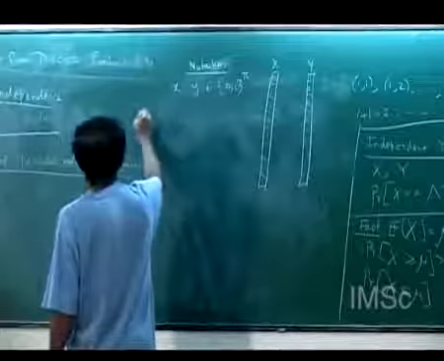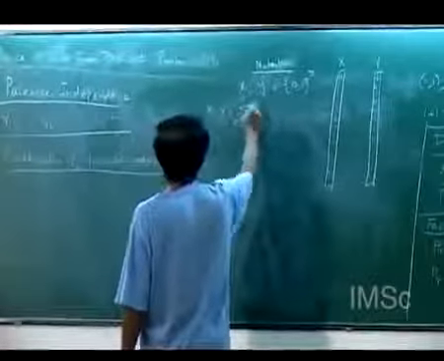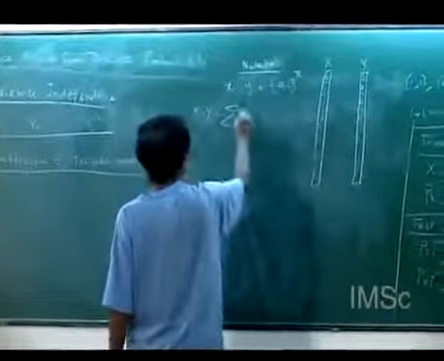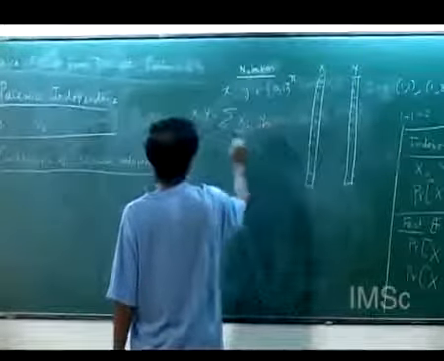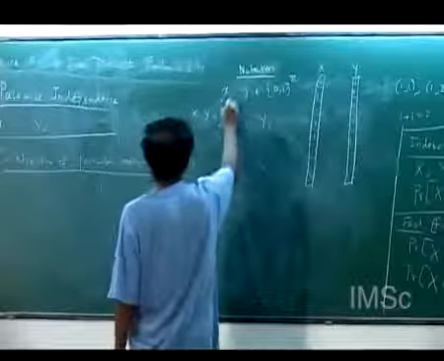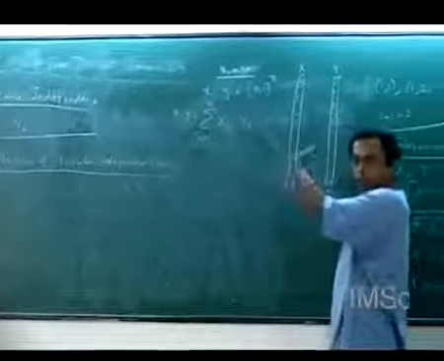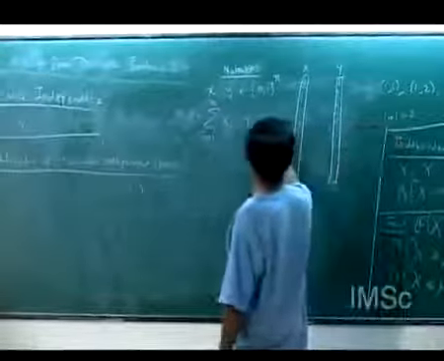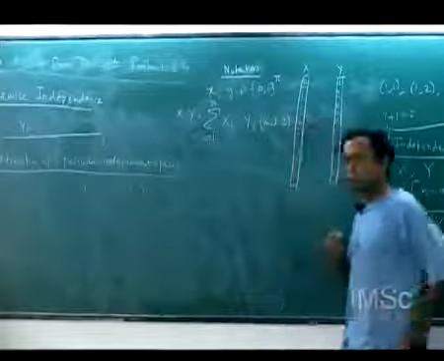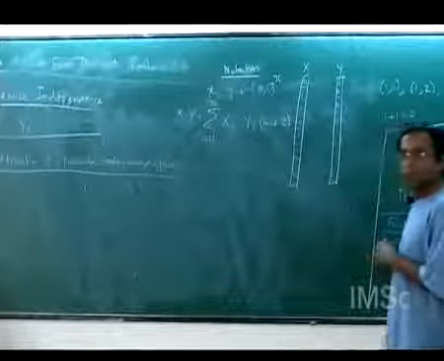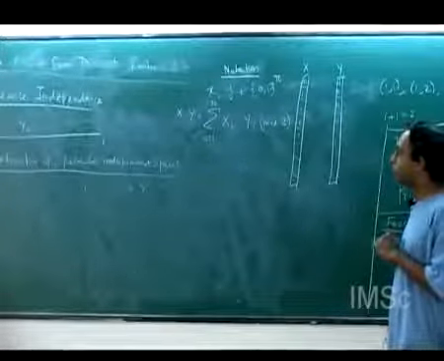By their dot product, what I mean is this: it's like a one-dimensional array, the ith coordinate of x times the ith coordinate of y. You multiply them coordinate-wise, add them and take modulo 2. In some texts it is written as inner product, but I am not using the term inner product for some reason.